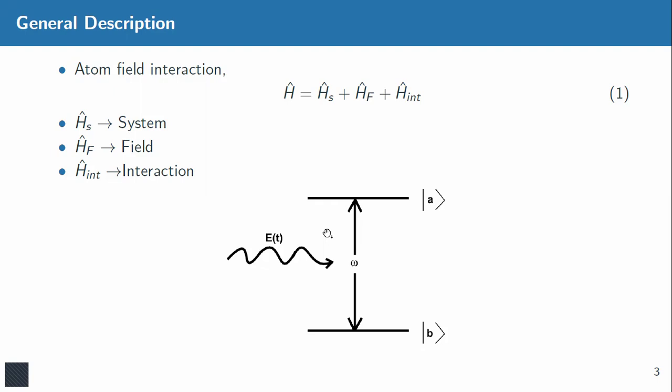The first term is the system Hamiltonian that is describing the two-level atom, the field Hamiltonian describes the energy associated with the electromagnetic field, and the interaction term describes the interaction energy of the electromagnetic field and the two-level atom. In a two-level atom, there is usually an electron, and we usually see the interaction of the electron with the electric field, and see how things evolve due to this interaction.